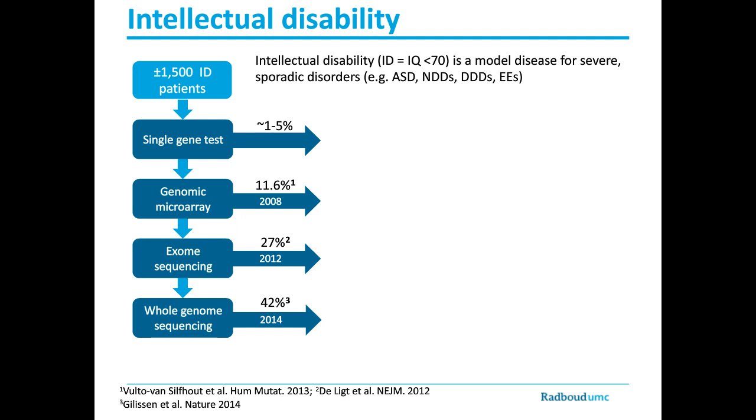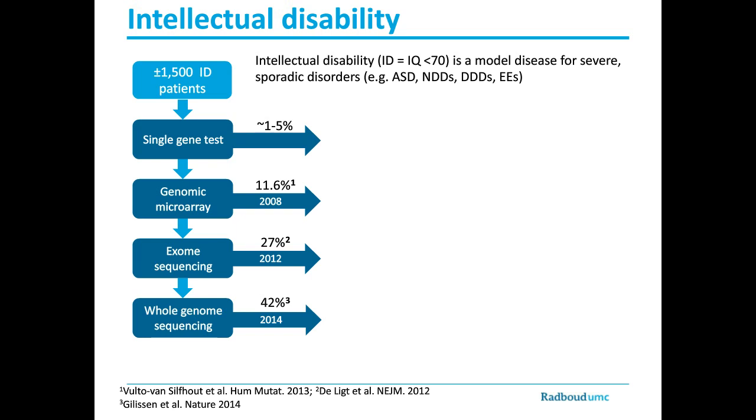By and large, those were not very successful, except for a few genes. But usually, in such a large cohort, it only delivers a diagnostic result in 1 to 5% of cases. Then, in the mid-2000s, genomic microarrays for CNV profiling came up, and they usually solve anything between 10 and 15% of your cases.